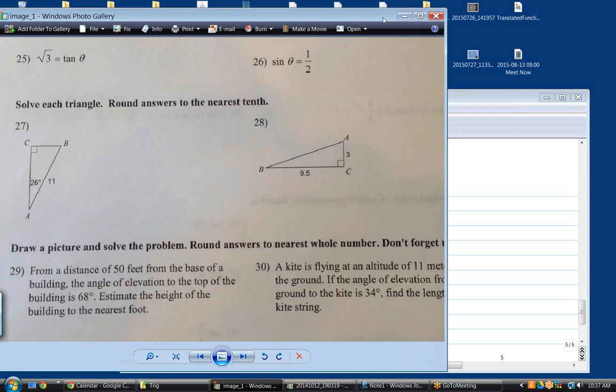Solve each triangle. Now, when you're solving a triangle, the task is actually to put all three sides and all three angles on it. Okay. So the only angle we left off here was angle B. What's angle B? 64. Okay.